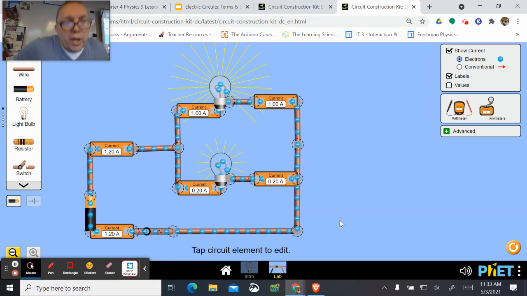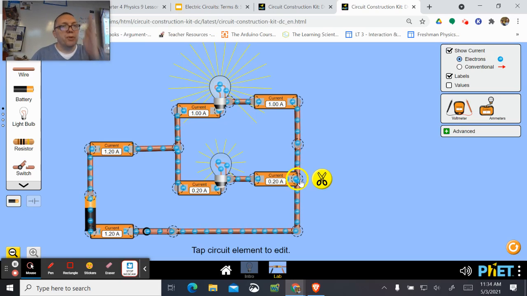Okay, so now we have 1.2 people per second into this ammeter, 1.2 people per second out. 1.2 people per second into this corner, 1.2 people per second out. Now here's another junction. 1.2 people per second in. Well, 0.2 people per second, right?